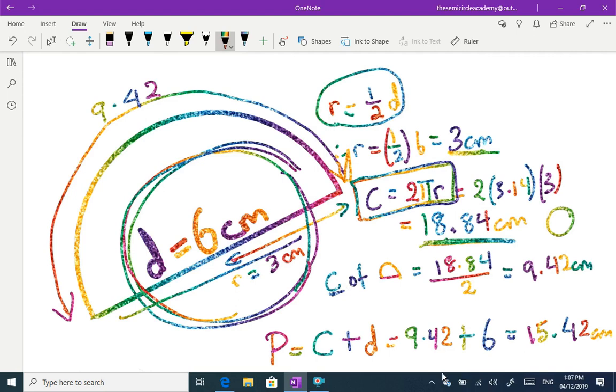And then when we divide that by 2, we'll only have the distance of the circumference of the semicircle. So to find the full perimeter of the shape, we would have to add this distance here to the diameter, and that will give us the perimeter of the full shape.